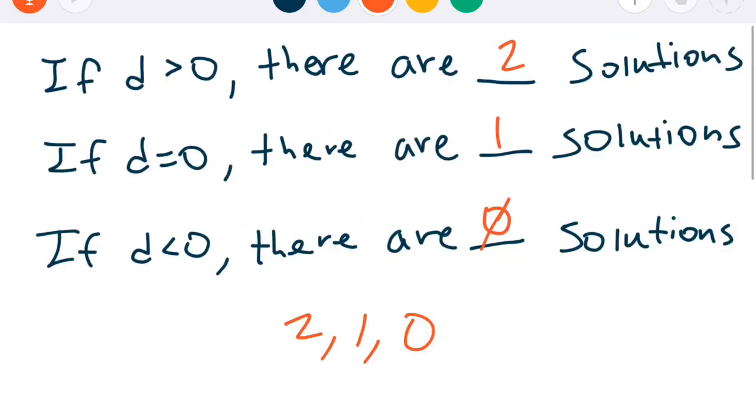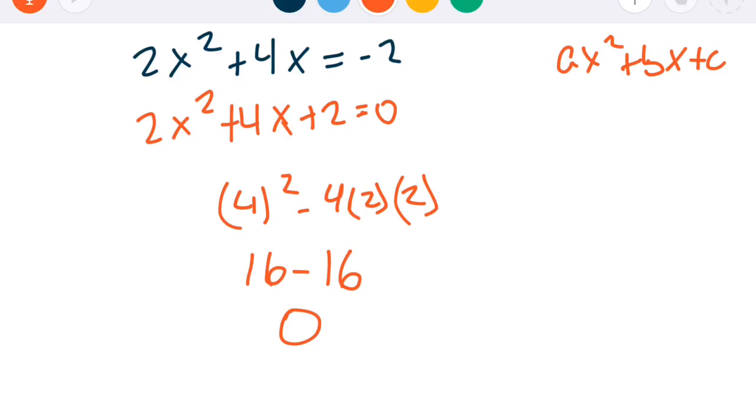So remember, if the discriminant is 0, that means there is one solution. Again, you could use the quadratic formula, you could factor it, graph it, whatever you would like to actually solve for the solutions, but the discriminant tells us that there is one solution.